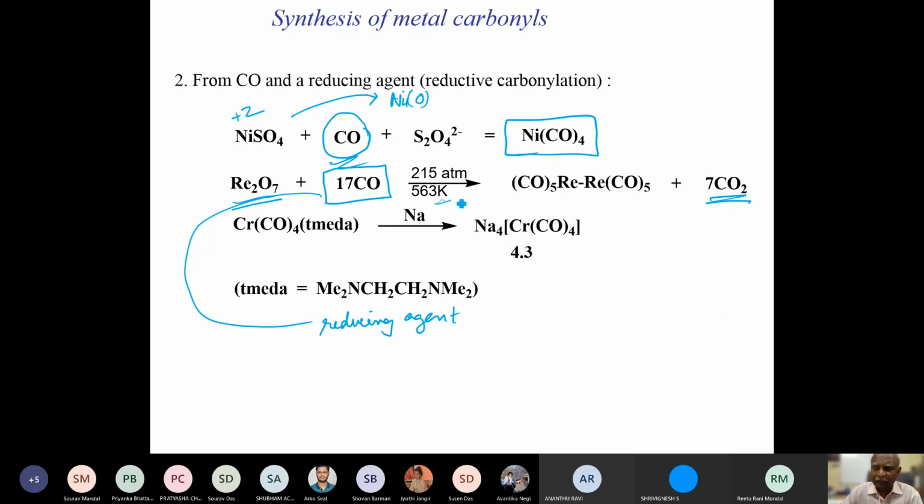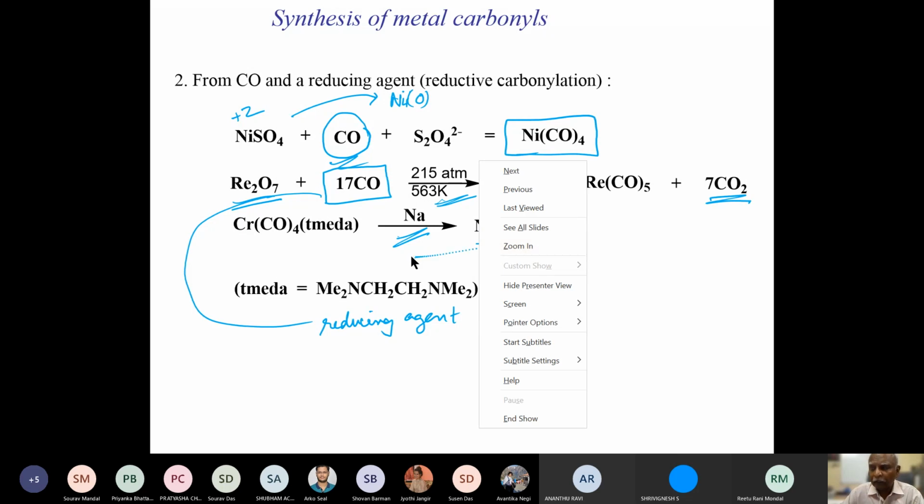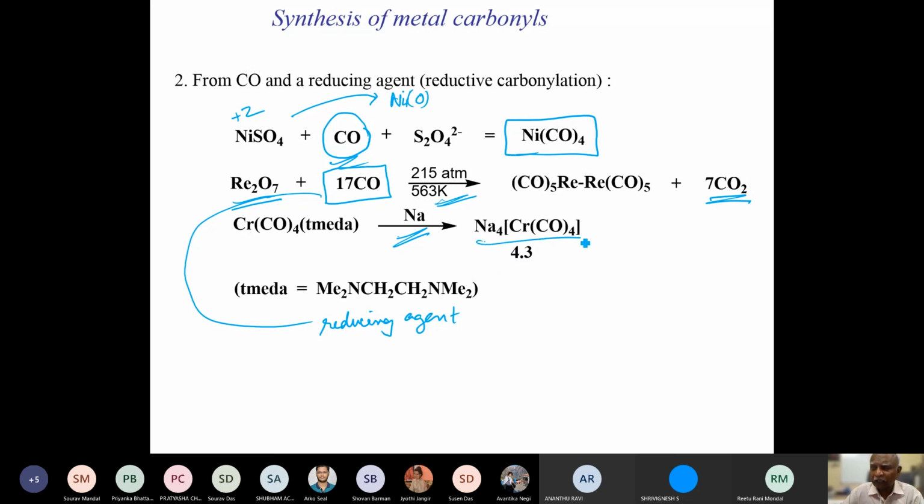But notice the temperature at which these reactions are happening is very high. Here sodium is used. These are expensive methods of making, but in this particular case, it has been used because it's also ending up as the counter ion, for the chromate salt.